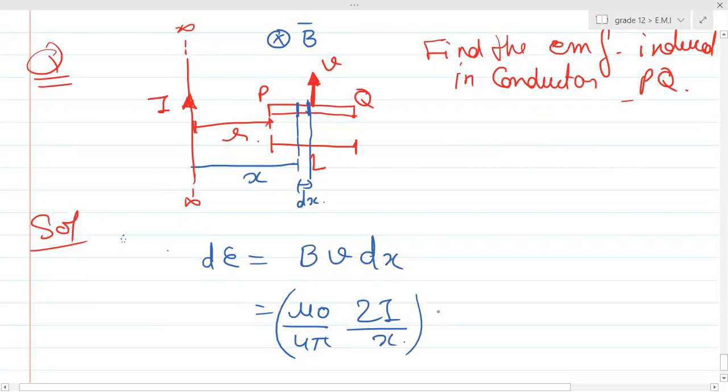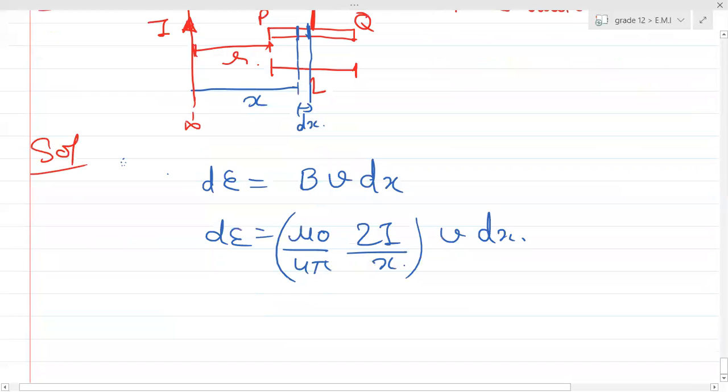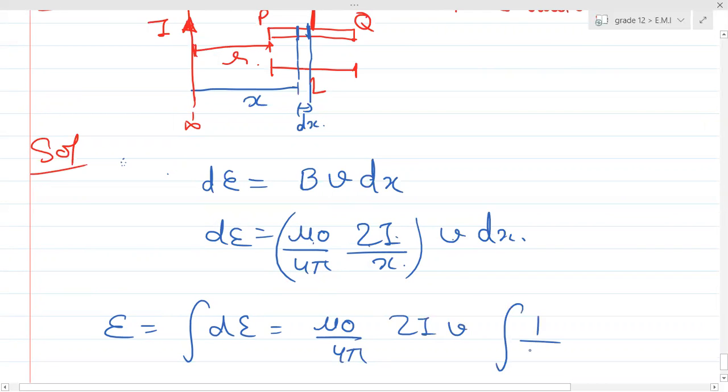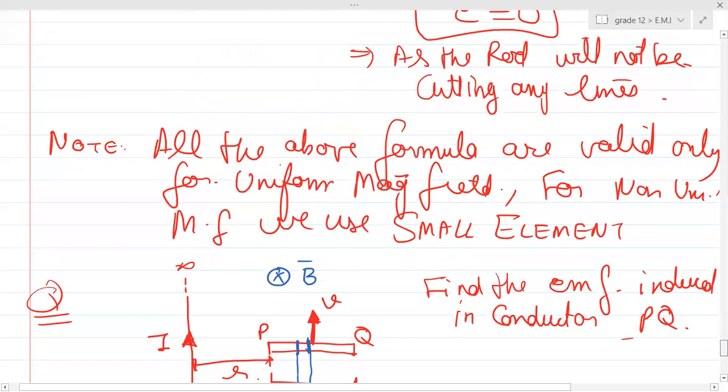So dE equals mu naught by 4 pi into 2I by x into V dx. The total EMF will be the integration of this. Mu naught by 4 pi, 2I V will be taken out, so here it will be integral of 1 by x dx. Now can you tell me from where to where will be the limit?